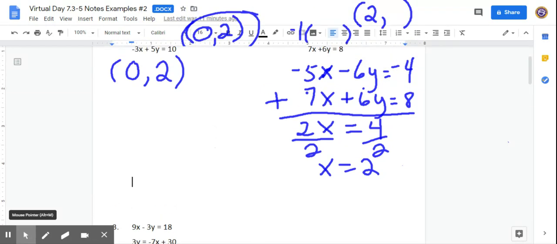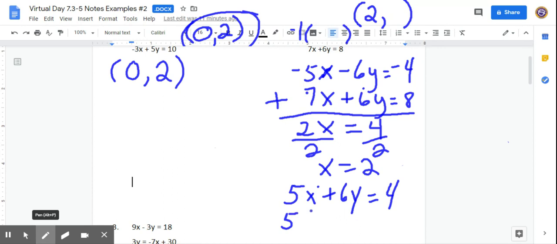So if we take 5x plus 6y equals 4, and substitute in, I get 5 times 2 plus 6y equals 4.